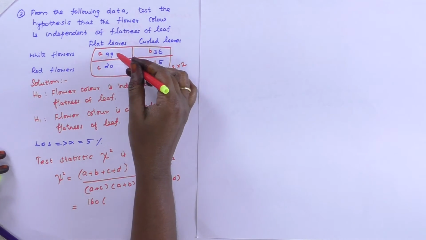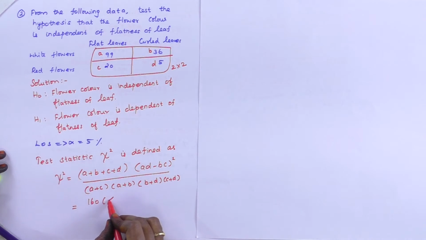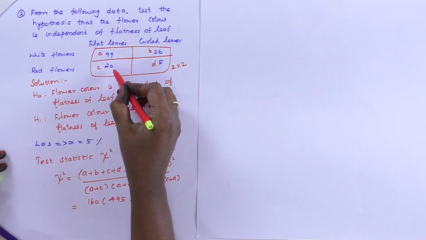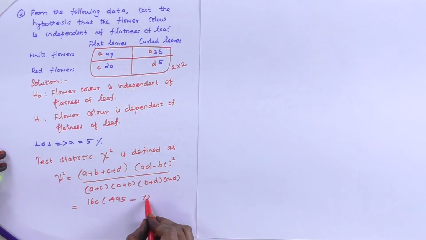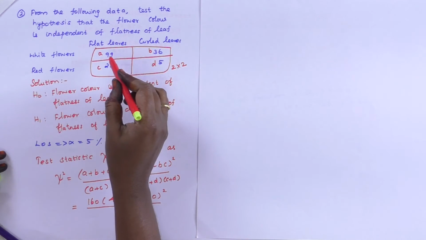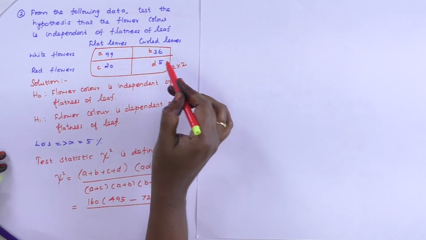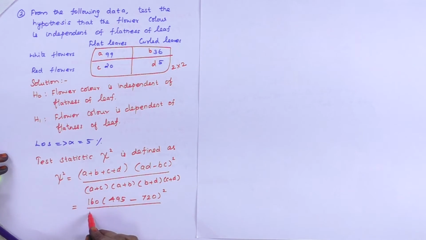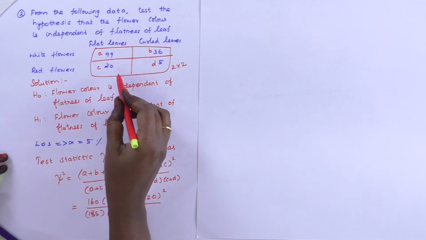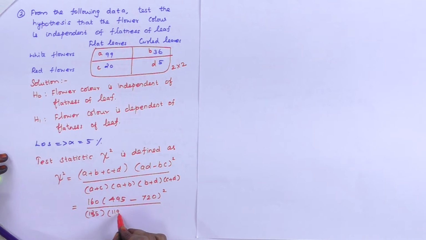Next, AD minus BC: 99 into 5 is 495, minus 20 into 36, which is 720, the whole square, divided by A plus C into A plus B into B plus D into C plus D, that is 135, 119, 41, 25.